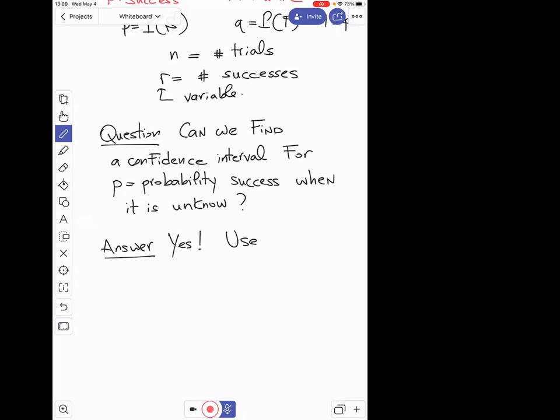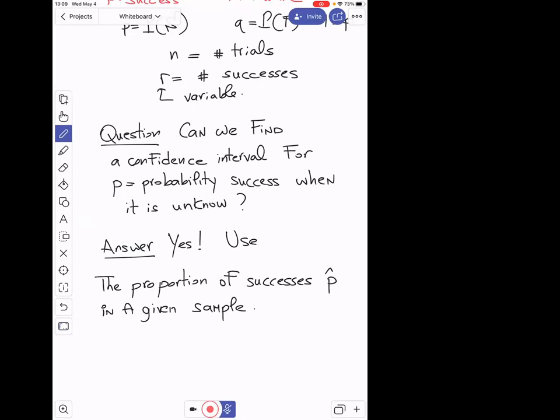To find this confidence interval, we're going to use the proportion of successes, P hat, in a given sample.